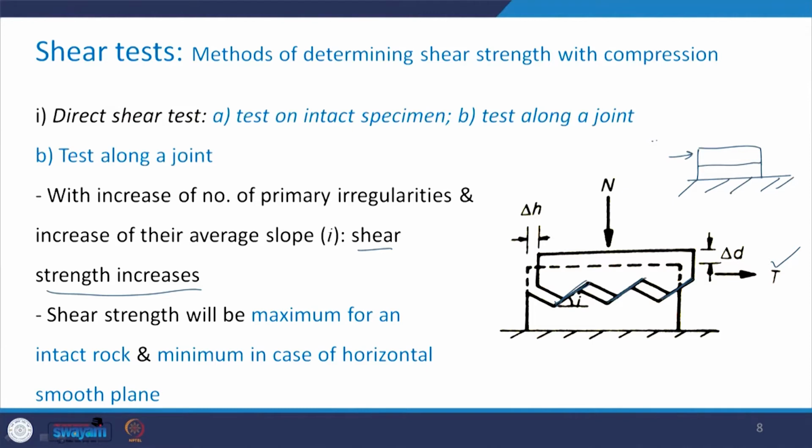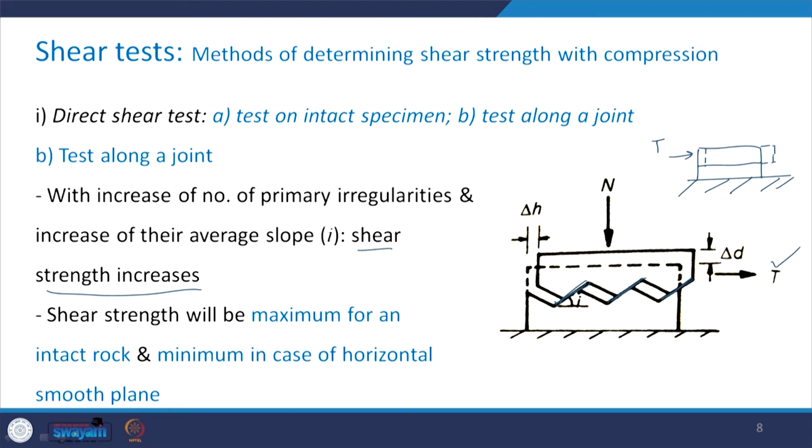Therefore, the shear strength will be maximum in case of the intact rock. However, when you have the horizontal smooth plane, like the first case we discussed, with this horizontal plane and this T, this is how it is going to be displaced.